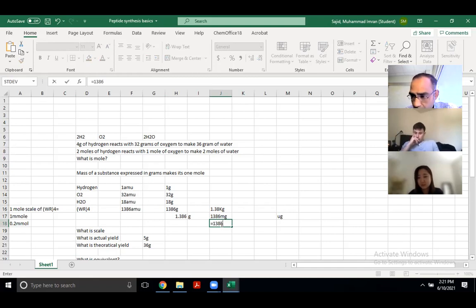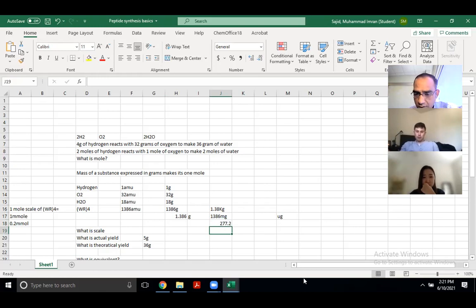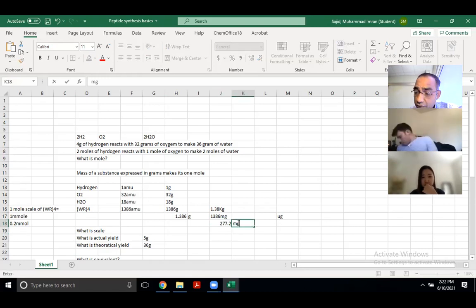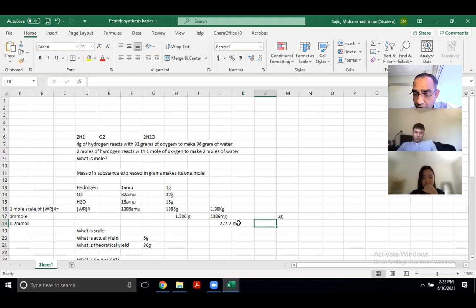About 277 milligrams. So if I have to make 0.2, I will divide it by 5. And if you have this much amount, how much microgram will it become? Multiply by 1000. So it's too much.